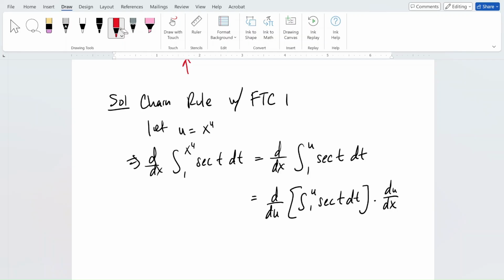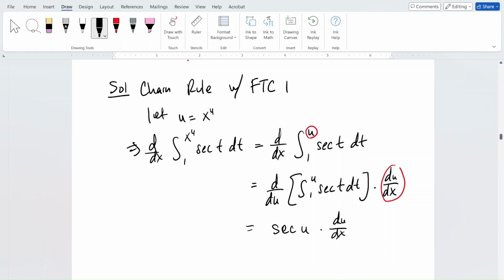Because this part is the derivative of the upper limit. And now I get from the first part, the derivative with respect to u, that it's just secant of u, because that's my function, secant, times my du dx.